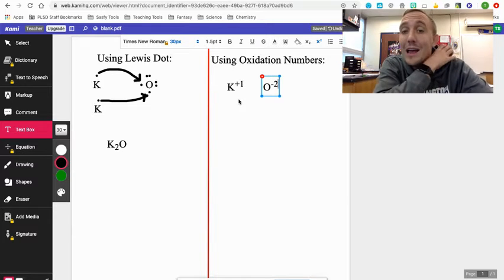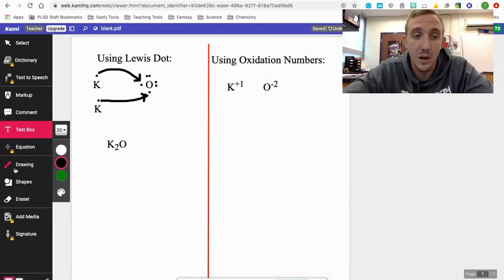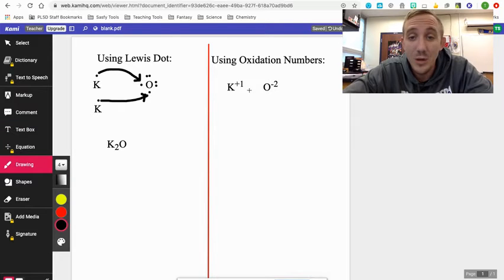Now, all I have to do is cross my charges. All right, and so if you look, I'm going to take this charge and I'm going to put it here. And I'm going to take this charge and I'm going to put it here. I just cross them and I put them in the bottom. Okay. Now I do not bring the charge with it. I only bring the number of the charge. Okay. So this 1's going to be here.